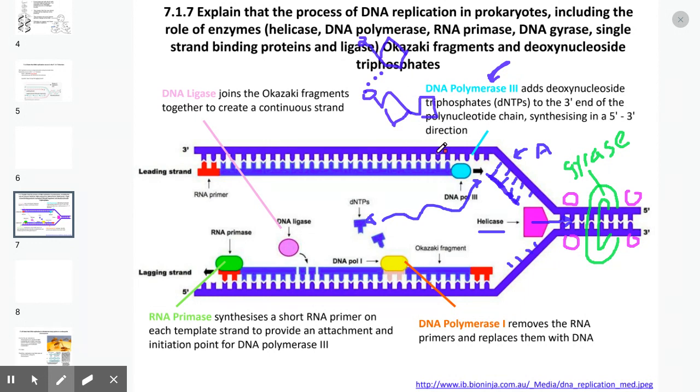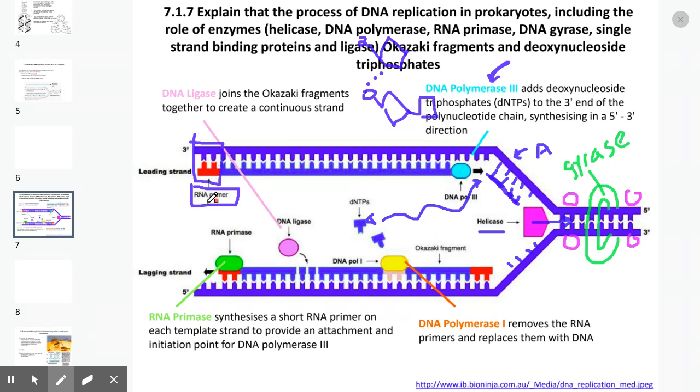Next, the next enzyme I want to talk about is this RNA primase. So RNA primase is an enzyme that creates this thing called an RNA primer. So primer means to start. So what it's done is it's identified, with this red set of nucleotides, where the replication is going to begin.